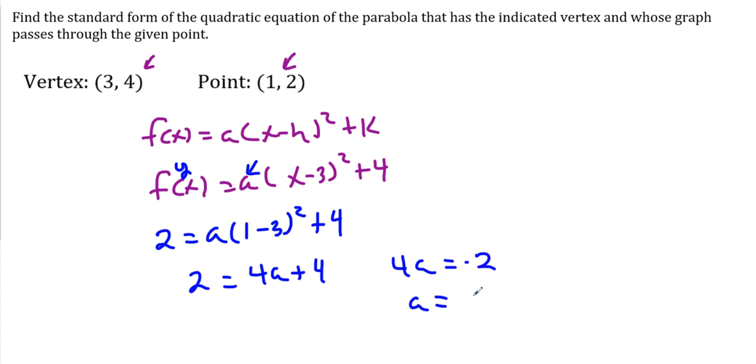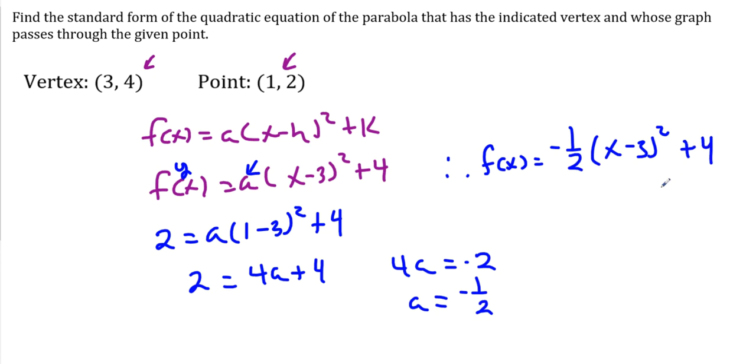Therefore, a is equal to negative 1/2. Then I'm going to plug this back in, and I have my function, so f of x is equal to negative 1/2 times x minus 3 squared plus 4. And that pretty much knocks it out.